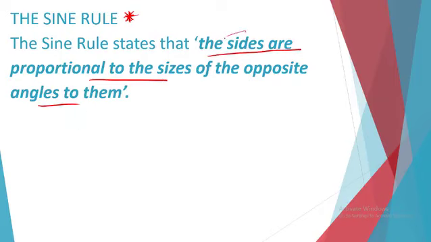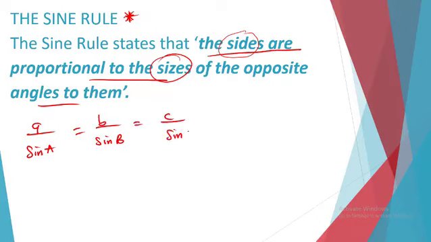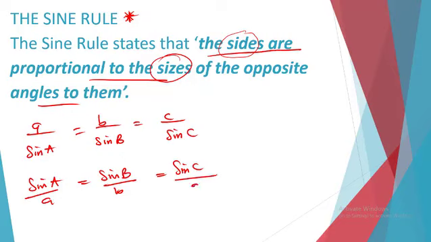The sine rule gives us a over sine A equals b over sine B equals c over sine C. Or similarly, we can use sine A over a equals sine B over b equals sine C over c.